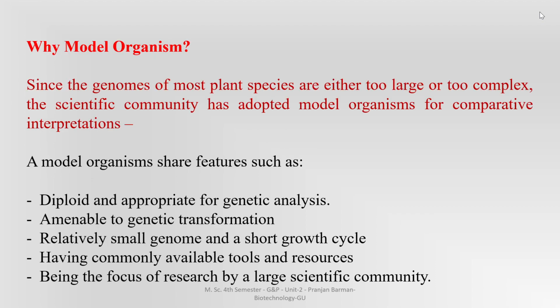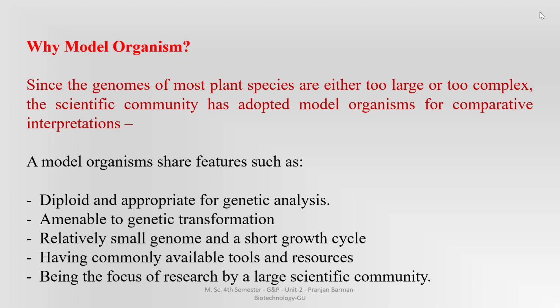Now, why model organisms? How is a model organism actually chosen, and on what basis are they regarded as good for us? They should be diploid. There are some characteristics: diploid, appropriate for genetic analysis, amenable to genetic transformation, which is a very important thing, and a relatively small genome.